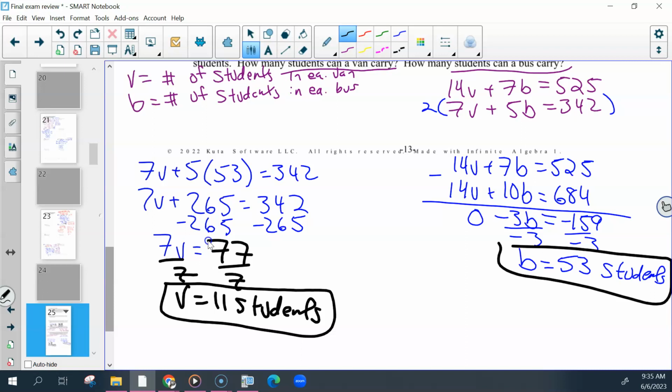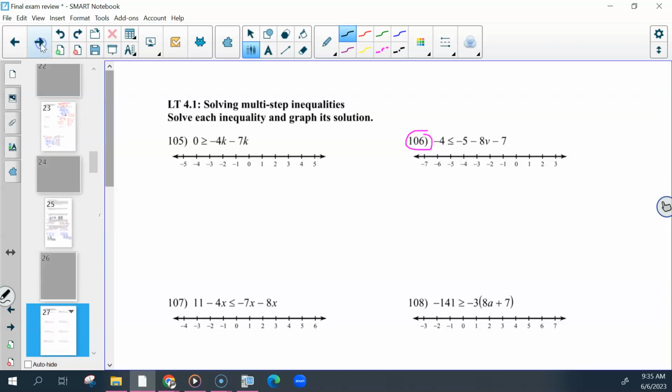Go on to the next section. So now we're in inequalities. Steps to solving them are the same as regular multi-step equations, except you have to worry about graphing. Which of these do you want to see solving?